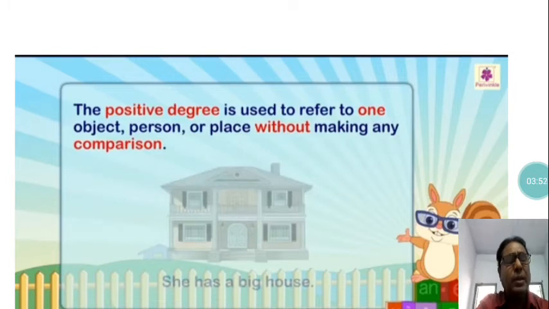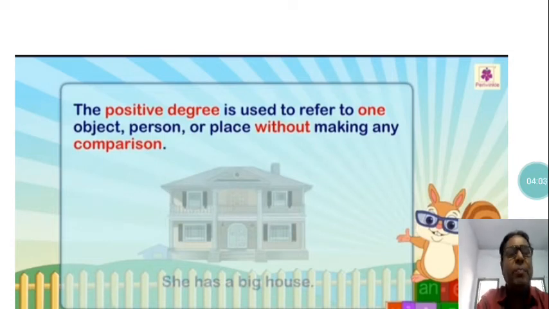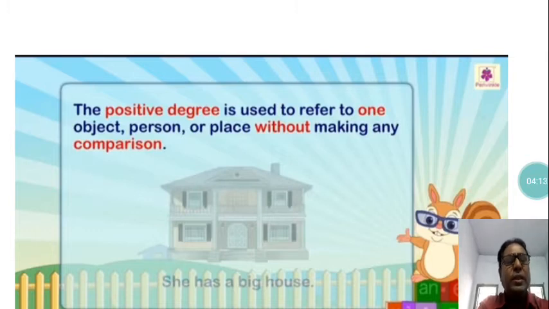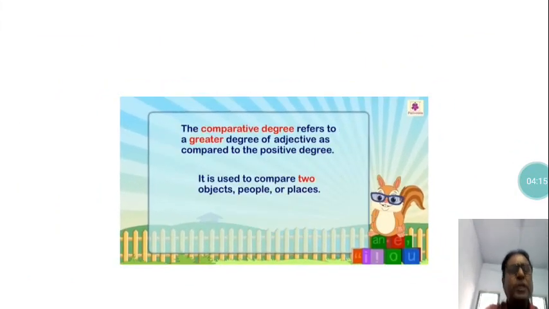In positive degree, we don't compare the object or the person to any other person, place or object. We simply describe the quality of that person, object or place. And that form of degree is called positive degree. So let us see the next one, positive degrees.